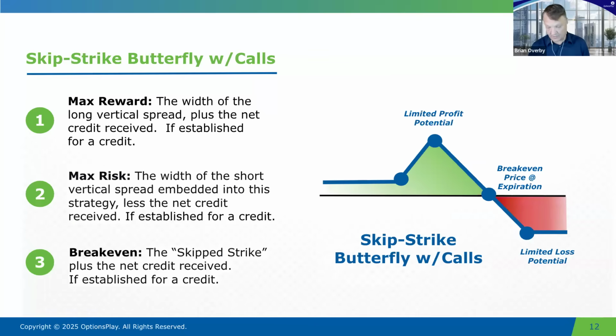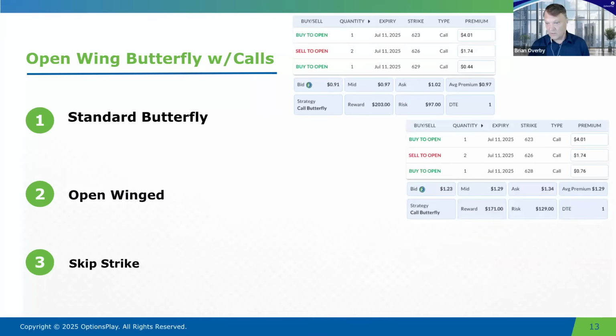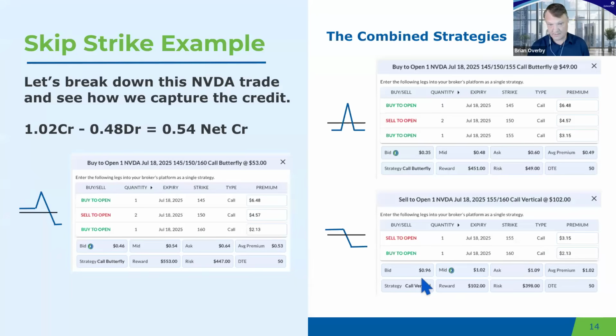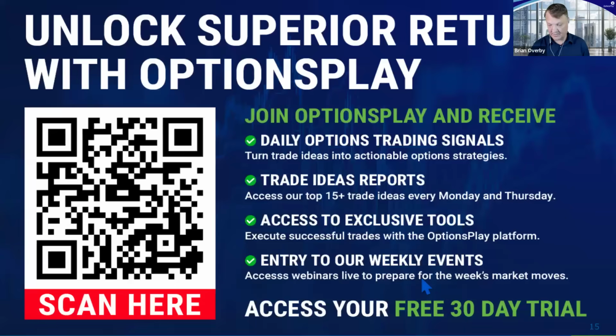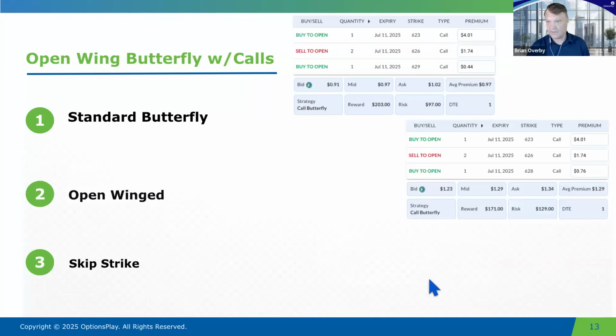So skip strike butterfly with calls, we already went through that. So, oh man, what happened to my third one? I'm missing my third screen grab. Well, all right. We'll do it live. The markets are closed now, so nothing's going to be moving around.